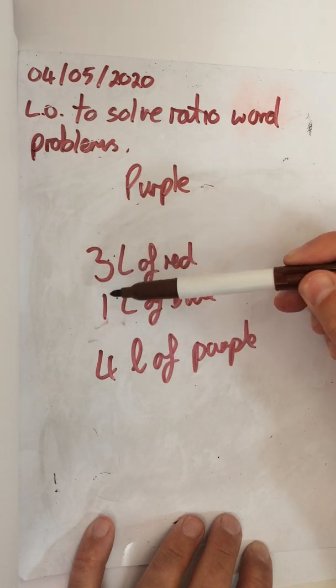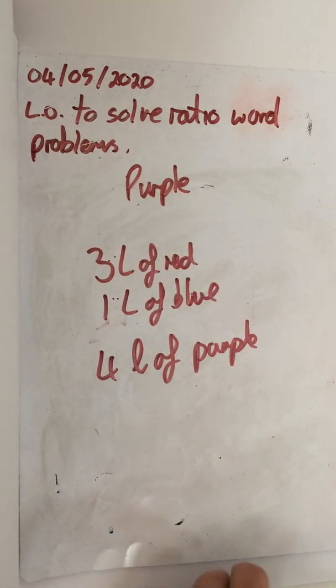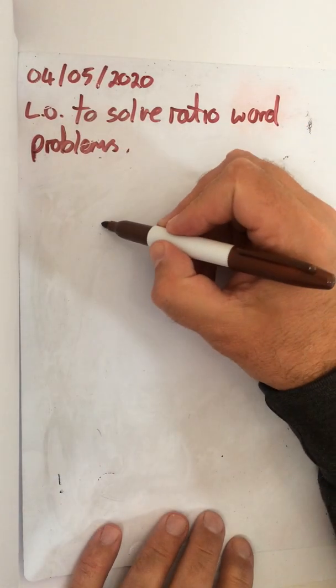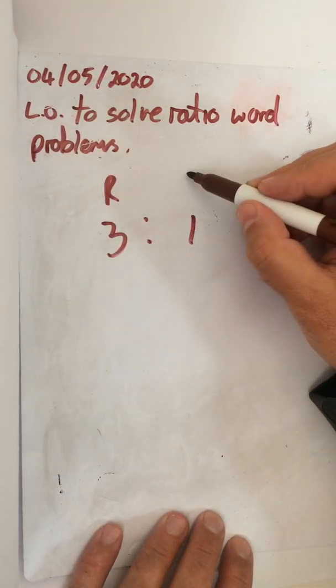So 3 liters of red, 1 liter of blue will give me 4 liters of purple. So that tells me the ratio there is 3 red to 1 blue.